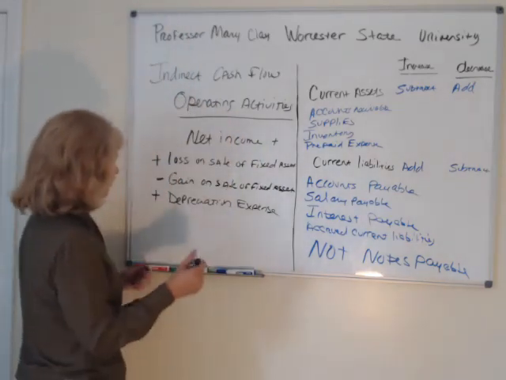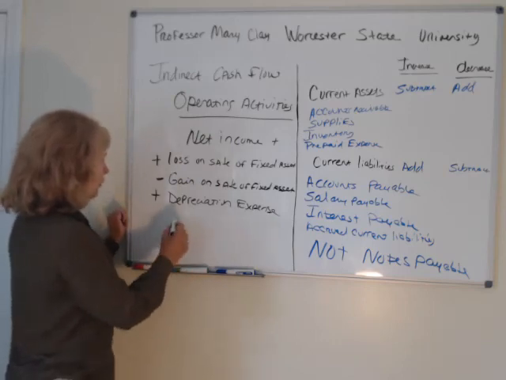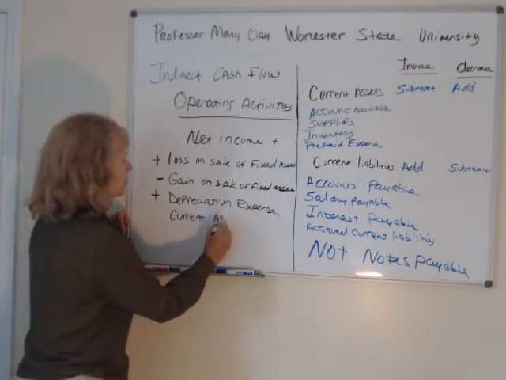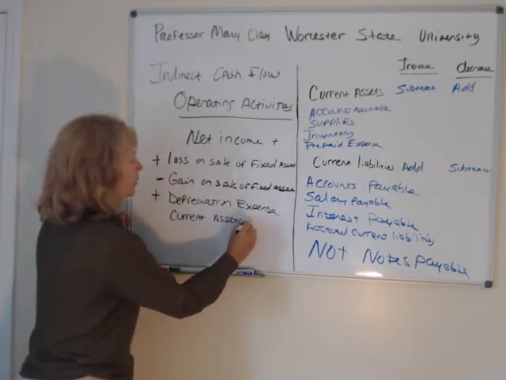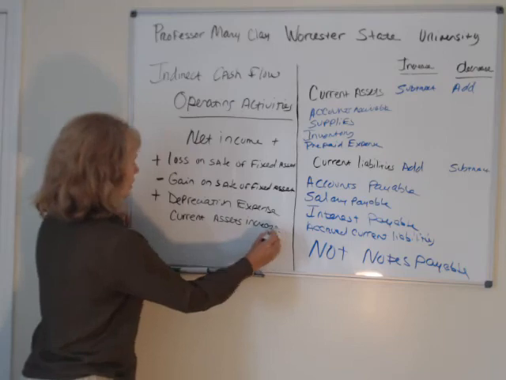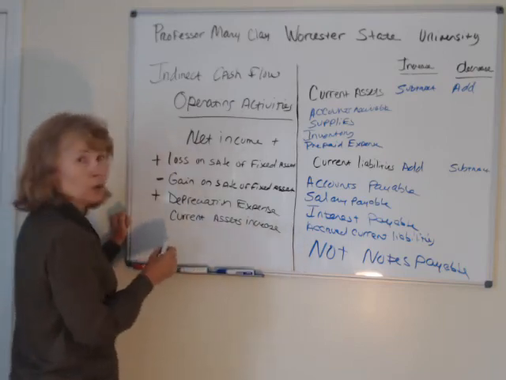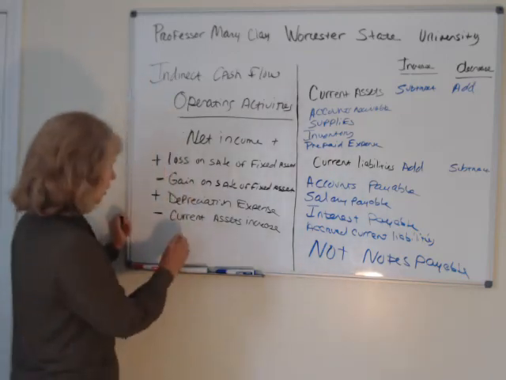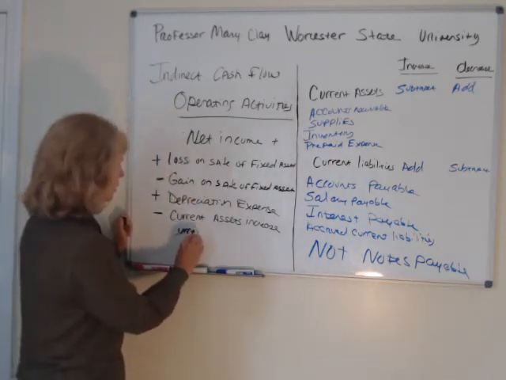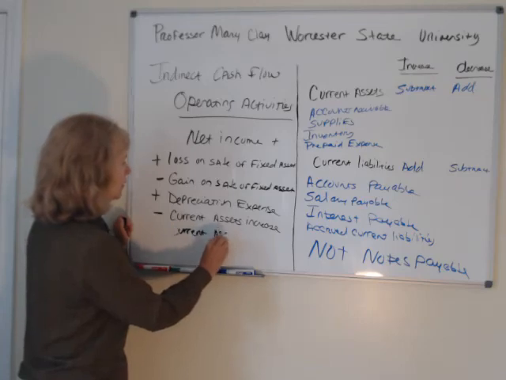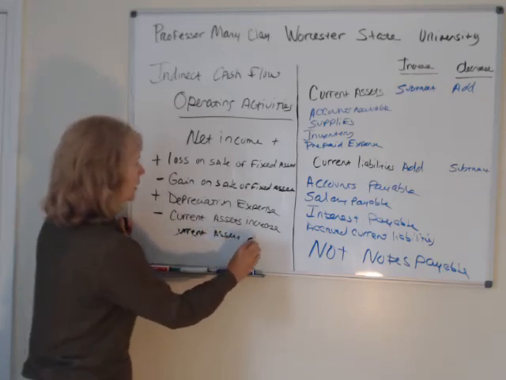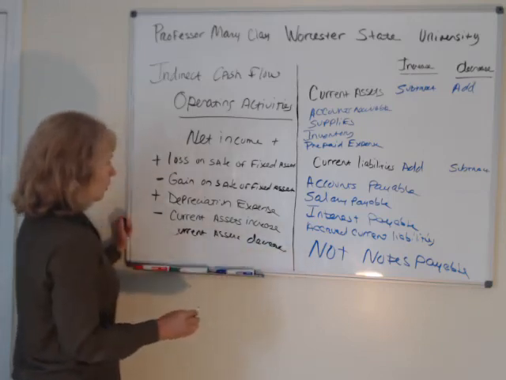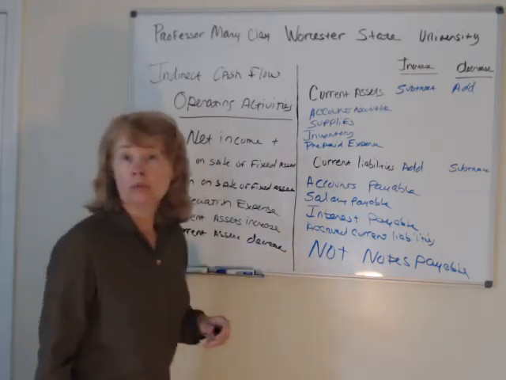Here are the rules. If current assets increase, you're going to subtract. Why? Because they're not logical. If current assets decrease, what are you going to do?